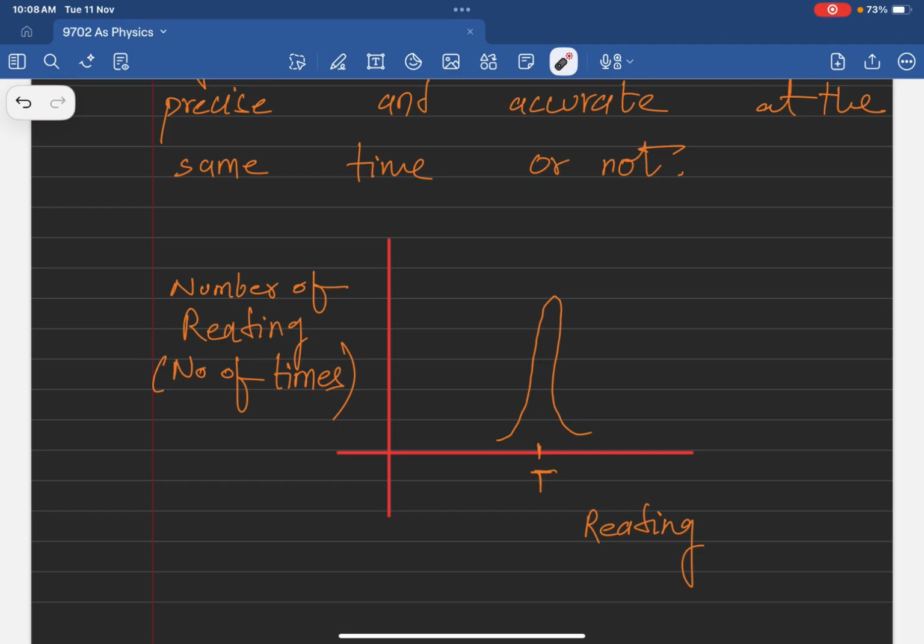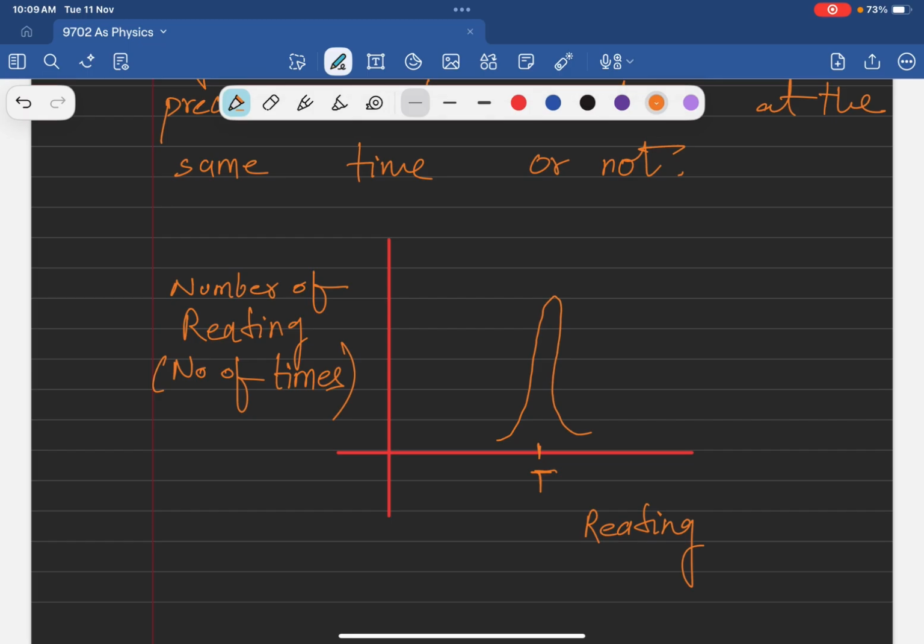And there is one more interesting thing. The true value is also present in our curve, and it can tell us how many times this true value is coming in our measurement. So the graph is narrow, which means the readings are close to each other, and the true value also lies in this plot.